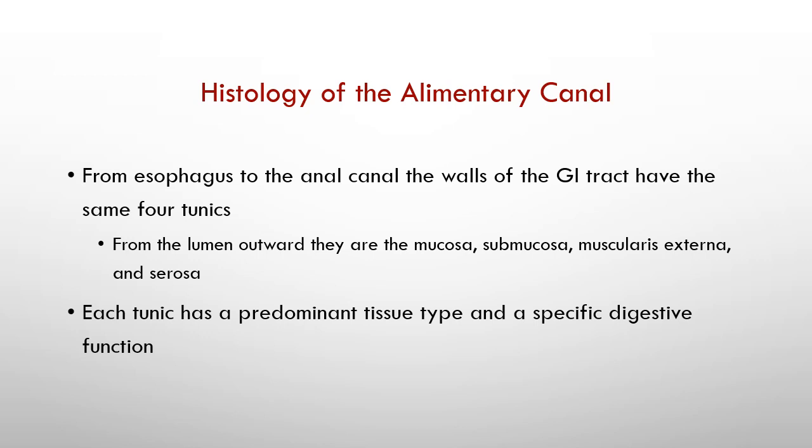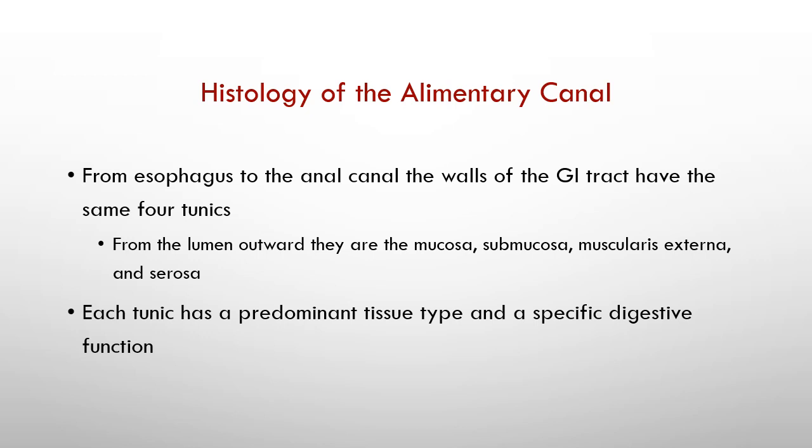We have 4 different layers to the digestive tract called tunics. These 4 tunics are the mucosa, the submucosa, the muscularis externa, and the serosa. These are the layers of tissue that lie within all portions.